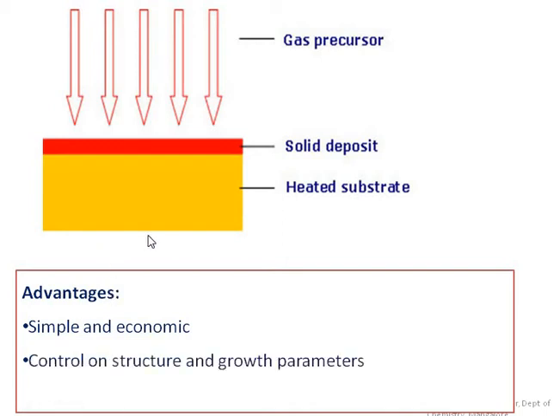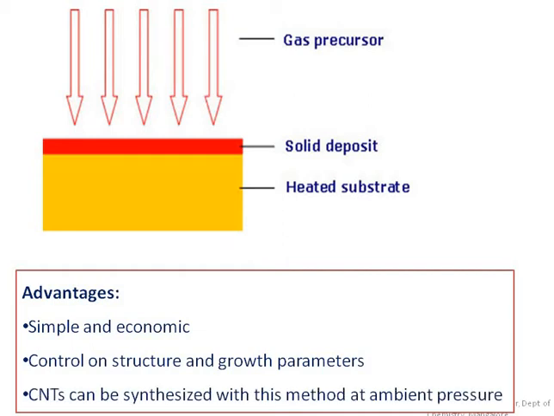We can control the structure as well as the growth parameters of the nanoparticles, and the film that we deposit can have the desired thickness also, so we can control the conditions effectively. Even this is used for the synthesis of carbon nanotubes and various other carbon materials like graphene also.